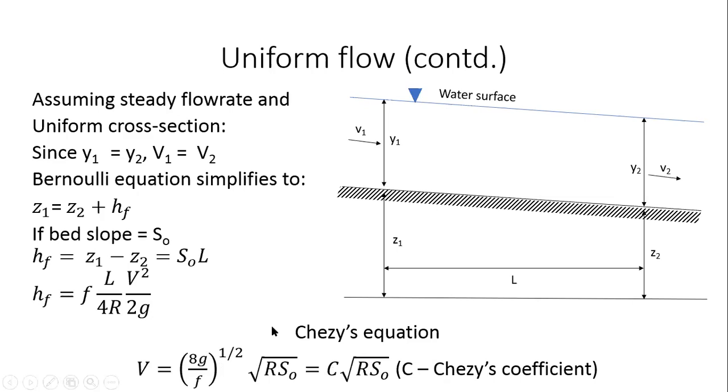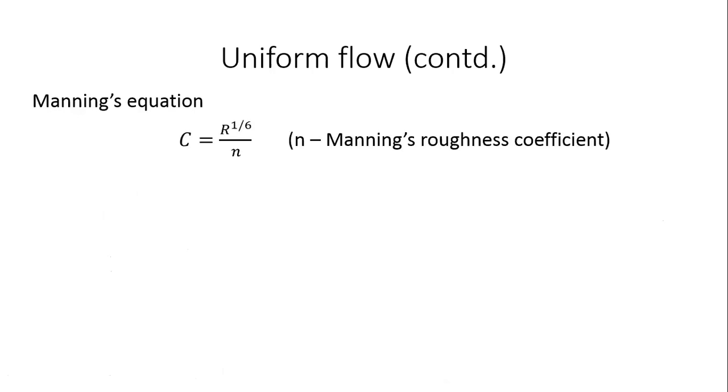Similar to this Chezy's equation, we also have another equation called the Manning's equation, which is an extension of the Chezy's equation. In many experiments, it was observed that this Chezy's coefficient C is actually R to the power 1 by 6 divided by n, where this n is what is called the Manning's roughness coefficient.